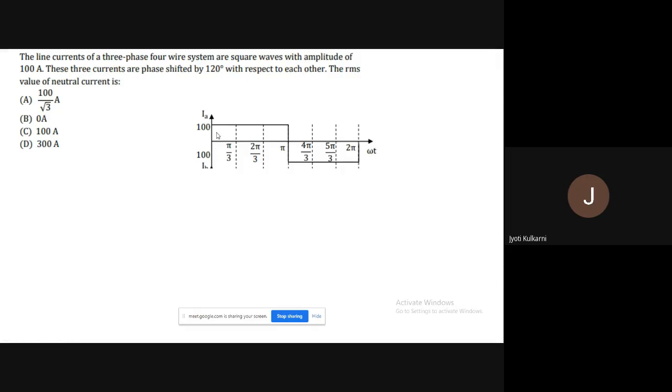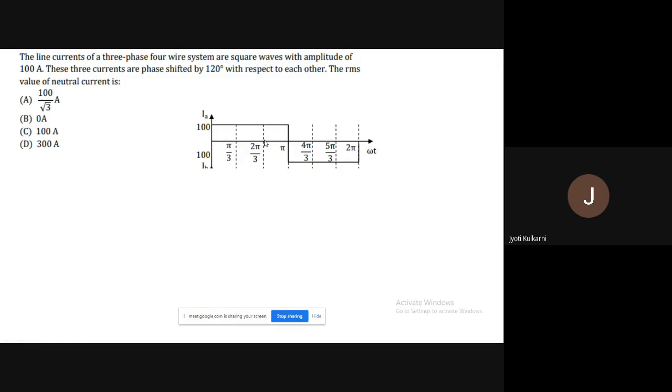That half cycle we are going to divide into three parts. So what will be the duration of each part? 60, ma'am. Yes, very good. 60 degree. So obviously the duration of two parts will be 120 degree. From 0 to 2 pi by 3, the duration is 120 degree.